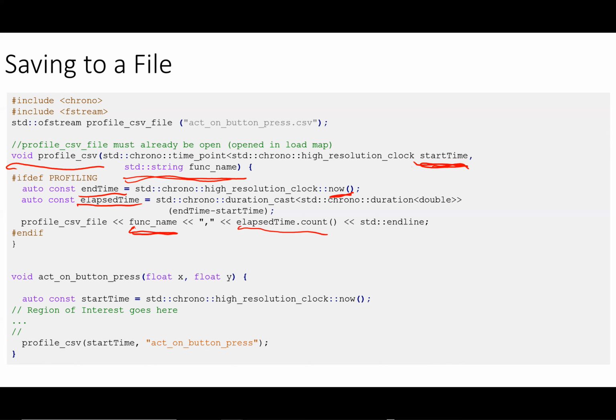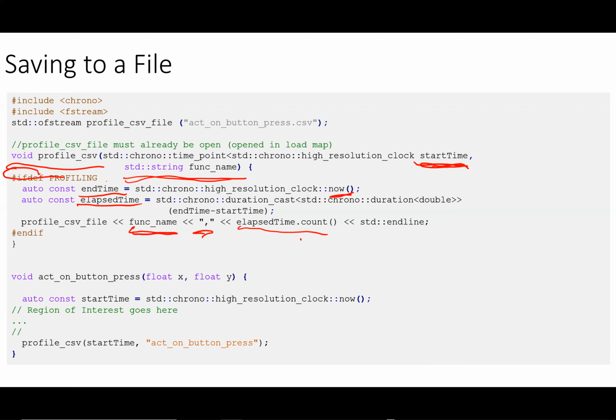It might not be a function name, but I'm calling it func name to say that's probably what you want to pass in. It's the name of a function and a start time. I'll tell you how much time has passed since that start time, and I'll write it to a file. It writes it out to a file, and it puts commas in between the name of the function and the time that has passed.